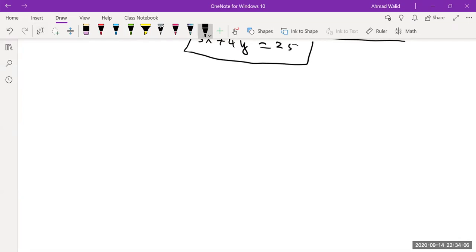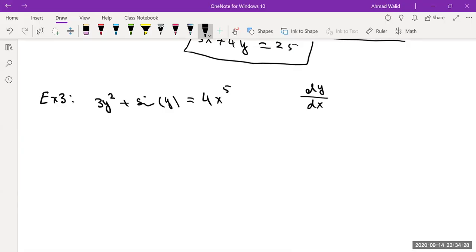Example 3. 3y squared plus sine of y equals 4x to the power of 5. They are asking you here to find dy dx, or find the derivative of this function.